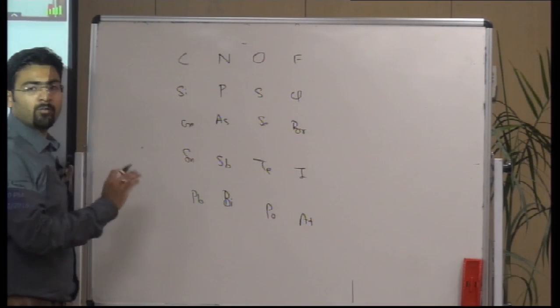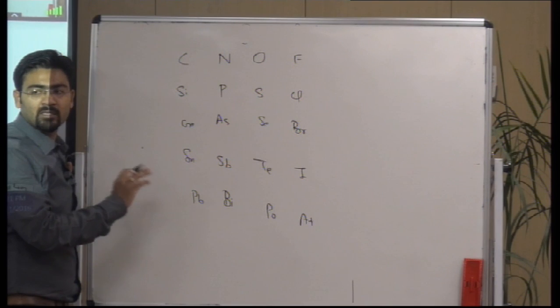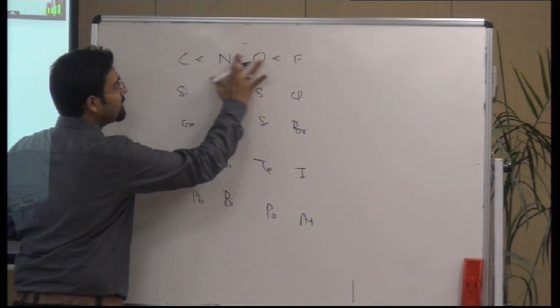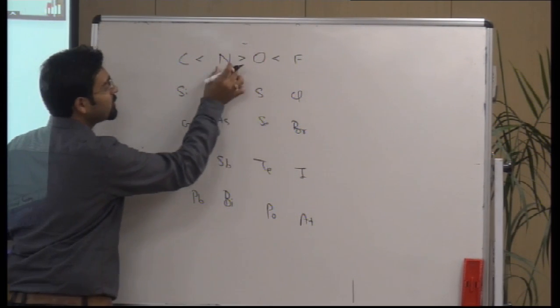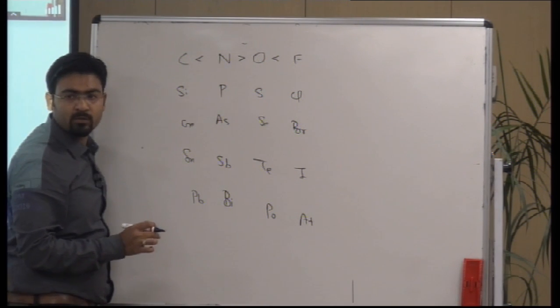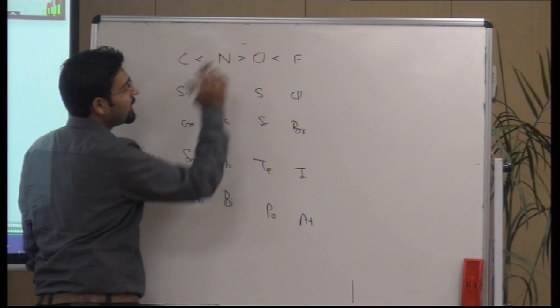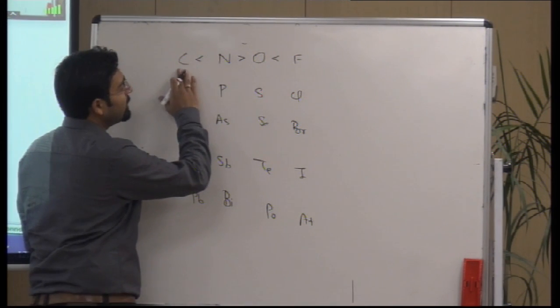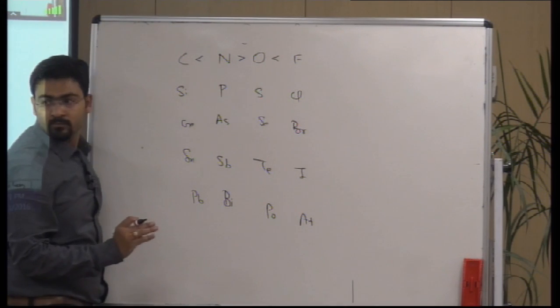So on going from left to right in a period, the ionization enthalpy increases. So ideally the order should have been like this. But we know that there is an exception because of the half-filled electronic configuration of nitrogen, which is more stable. This order changes. So the actual order becomes carbon, oxygen, nitrogen and then fluorine, right?